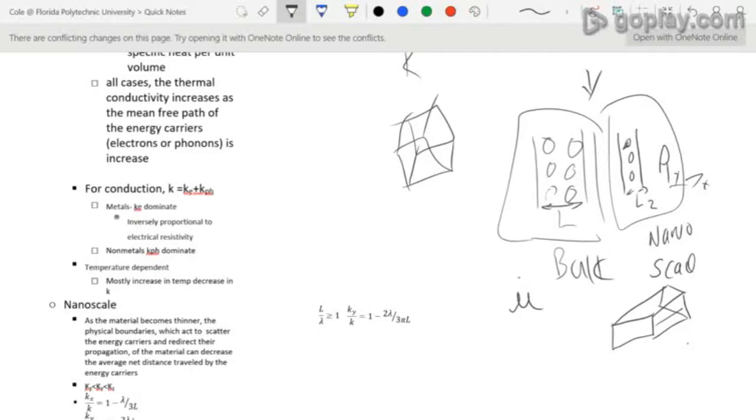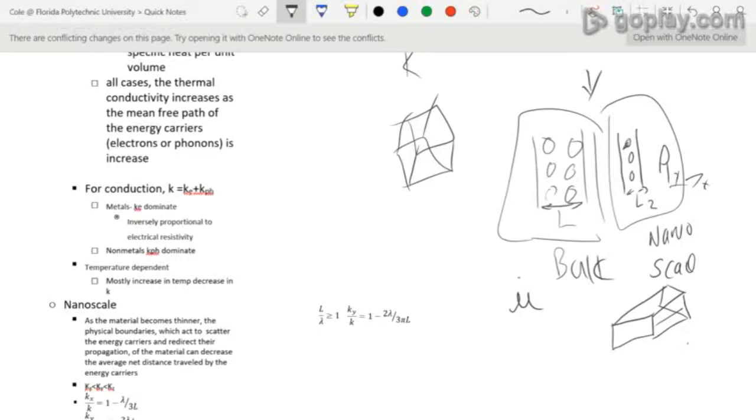As you make it thinner, these physical barriers, or the walls, play a more important role, whereas in the bulk, they are negligible. In the nanoscale, these walls play a more important part, and as you can tell, there are different thermal conductivity values.